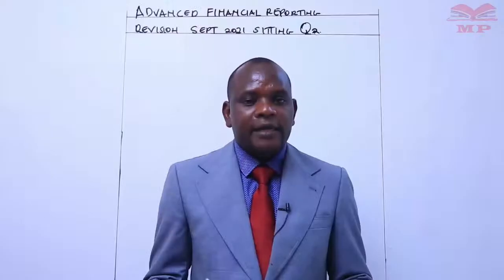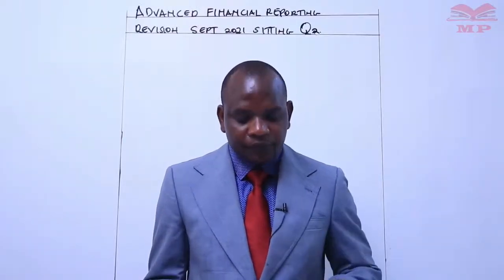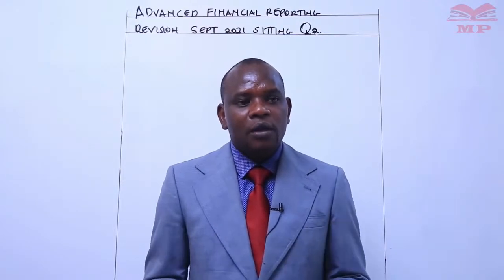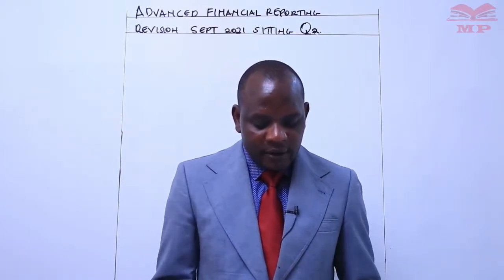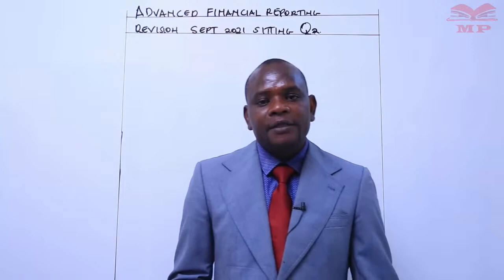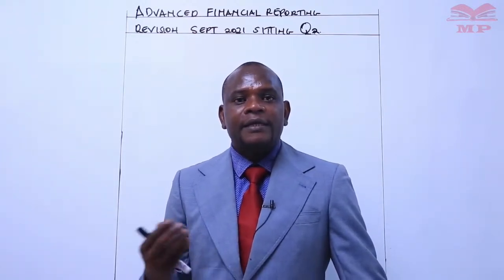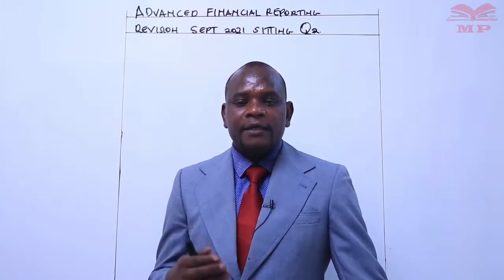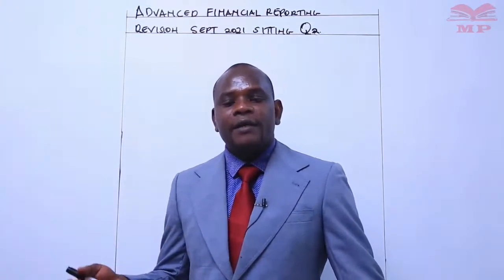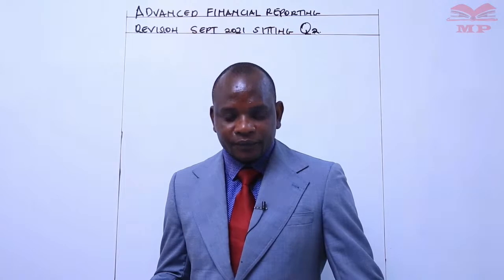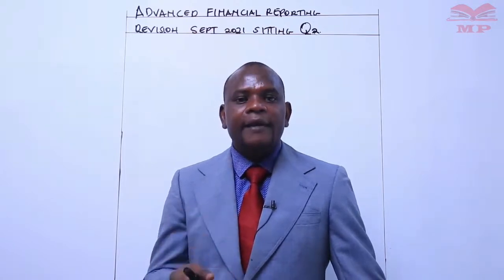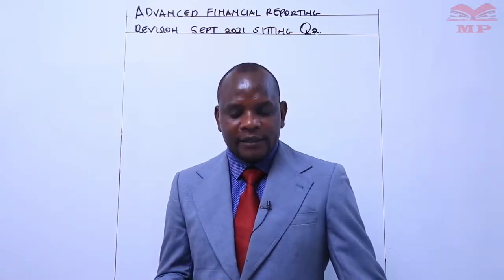Now, before you start answering such a question, you need to first understand that basic earnings per share is affected by certain items, some of which also affect diluted EPS. What are these elements that affect basic EPS?